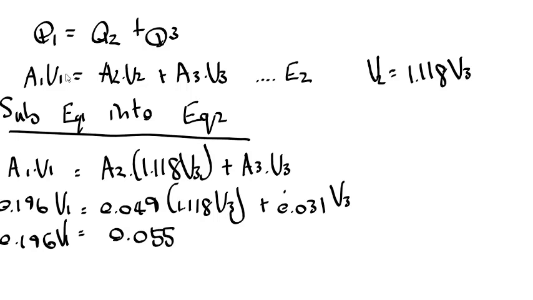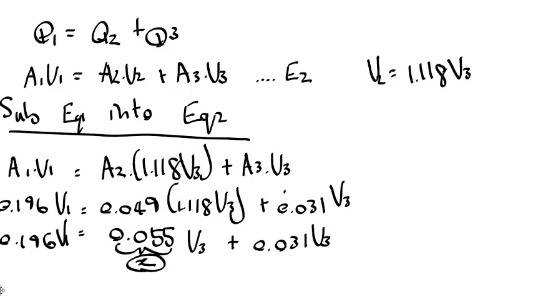We can store that value in X on my calculator, and this will be times V3, plus that will stay 0.031 V3.